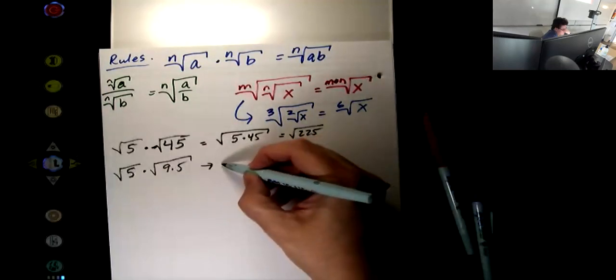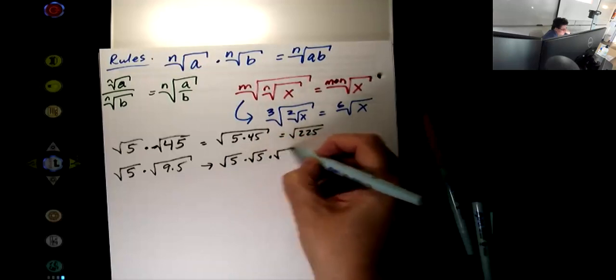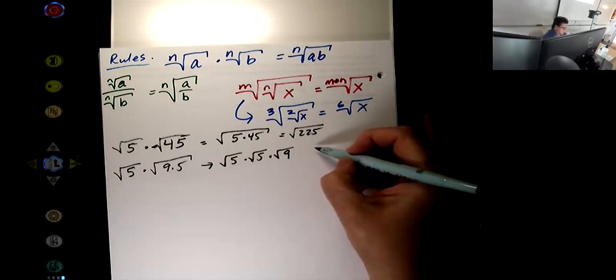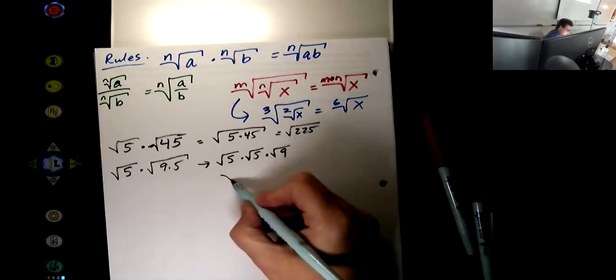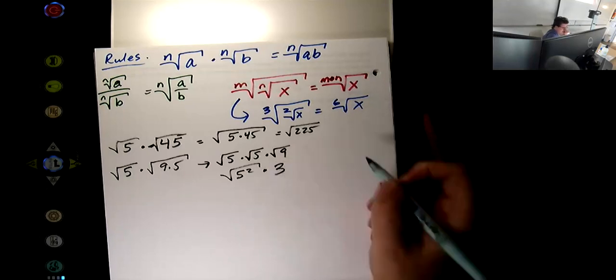And that becomes the square root of 5 times the square root of 5 times the square root of 9. This is the square root of 5 squared, and the square root of 9 is already simple as 3.